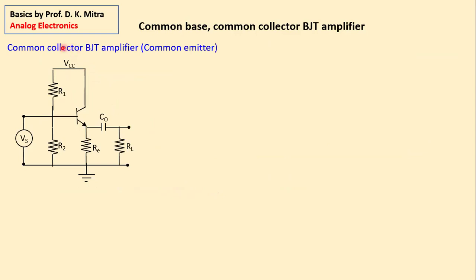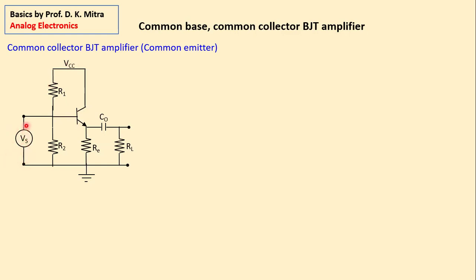Common collector. See this collector. Now there is no resistance. It is directly connected to VCC. And I told you, I think you remember, that any DC supply, any battery, works as a short circuit so far as the AC signal is concerned.